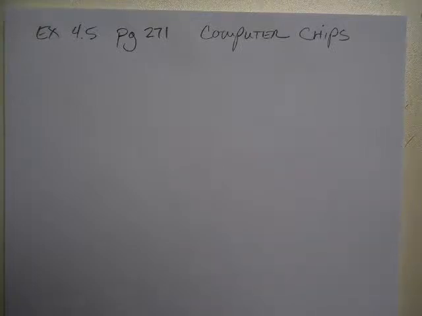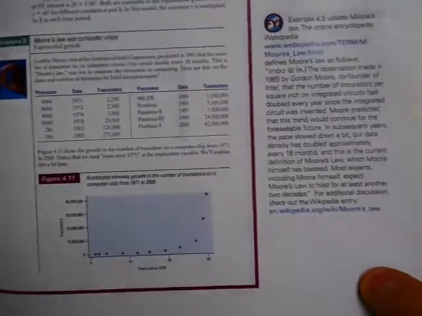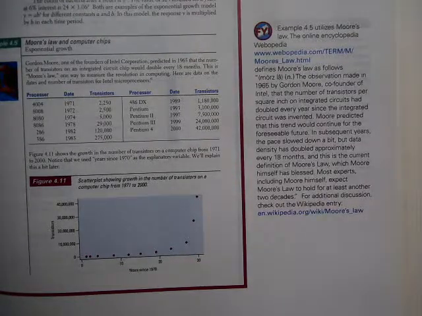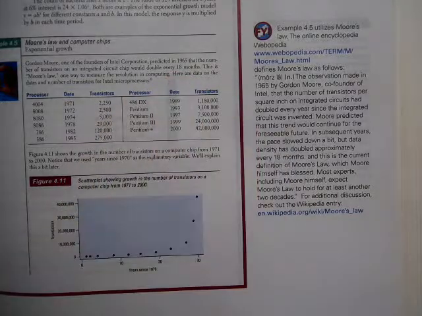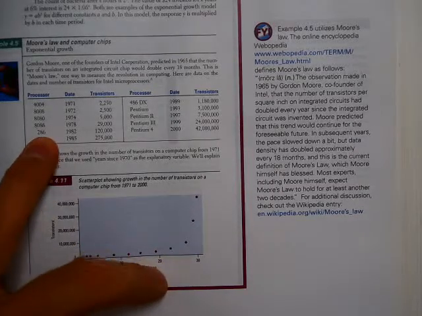So in this problem, we have some data we want to put in. It's talking about Intel predicting in 1965 that the number of transistors on an integrated circuit chip would double every 18 months. This is Moore's law, one way to measure the revolution in computing. Here are data on the dates and numbers of transistors for Intel microprocessors. I can tell you my first computer was one of these 286s.